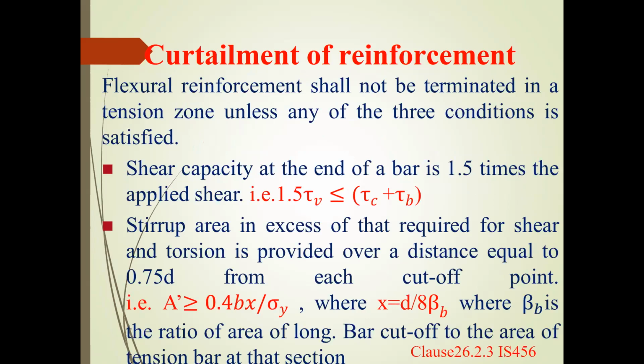Curtailment of the reinforcement. Flexural reinforcement shall not be terminated in a tension zone unless the following conditions are met. Shear capacity at the end of the bar is 1.5 times the applied shear. Stirrup area in excess of that required for shear and torsion is provided over a distance equal to 0.75D from each cutoff point.